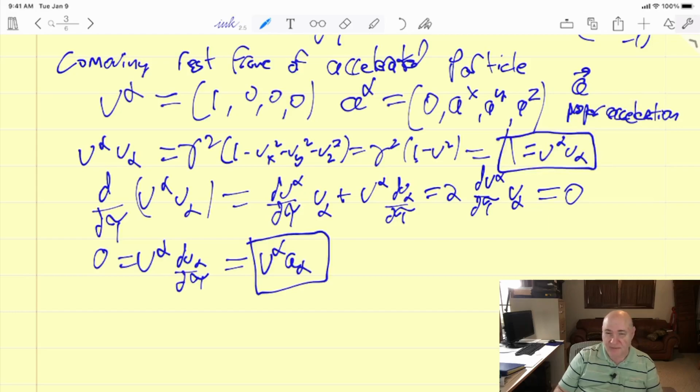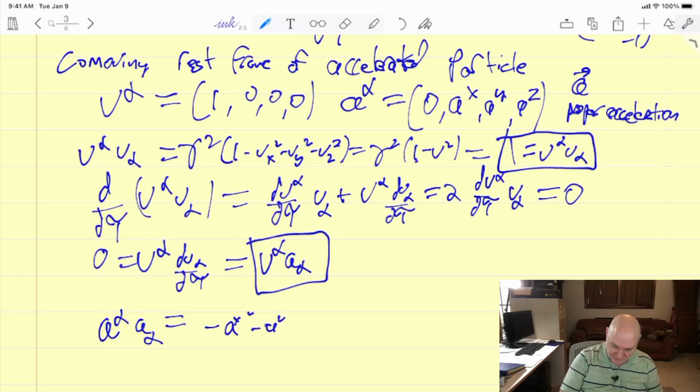The equation that we haven't used so far is that the 4-acceleration is constant. So a alpha a alpha is equal to minus ax squared minus ay squared minus az squared.